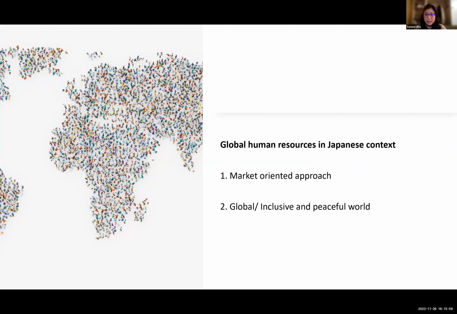From understanding global human resources in the Japanese context, there are two ways of looking at nurturing those who can work in a global context. One is the market-oriented approach, and the second is the global active personnel who can contribute to making an inclusive and peaceful world.